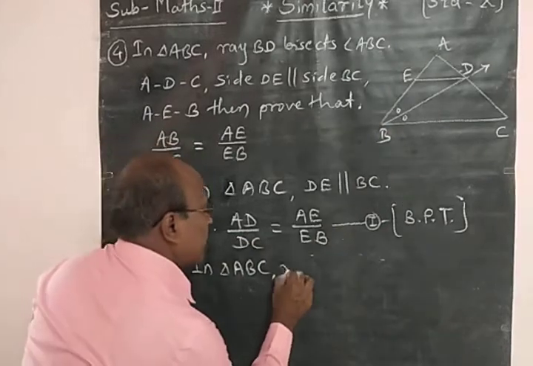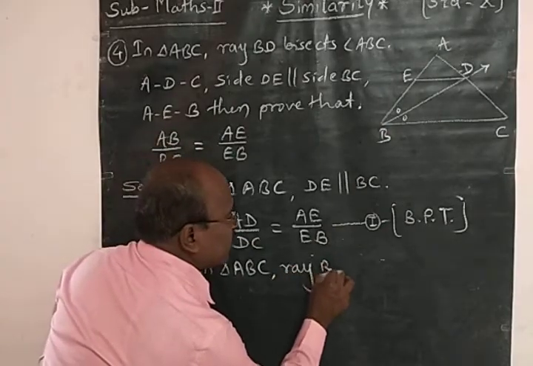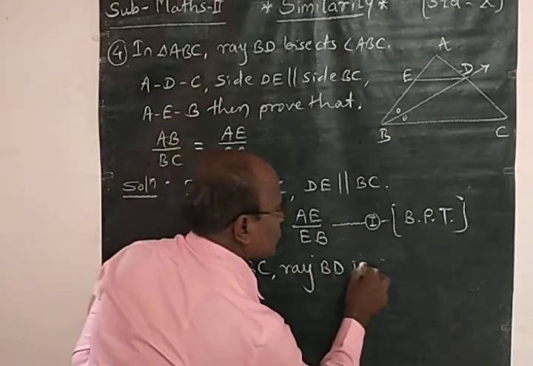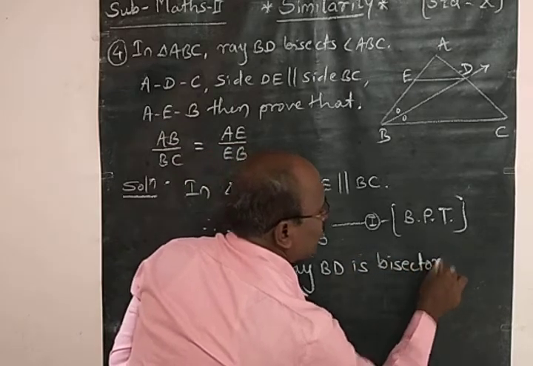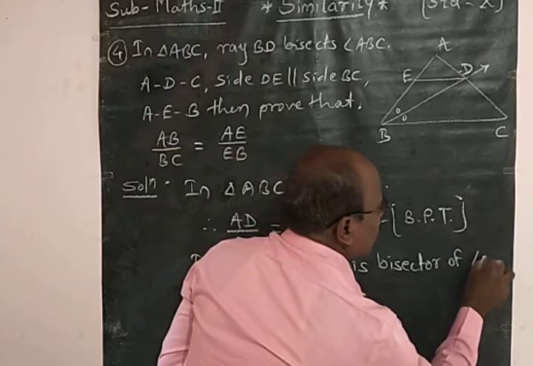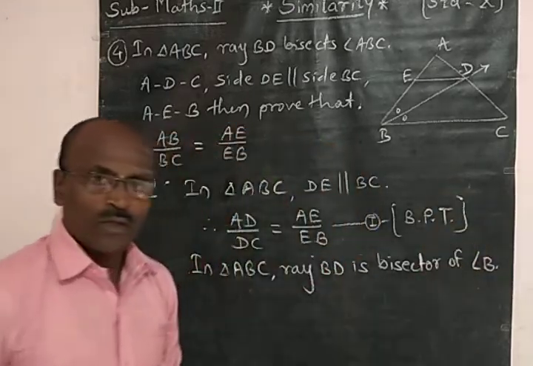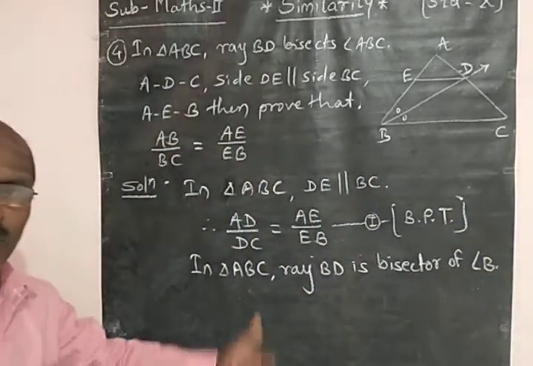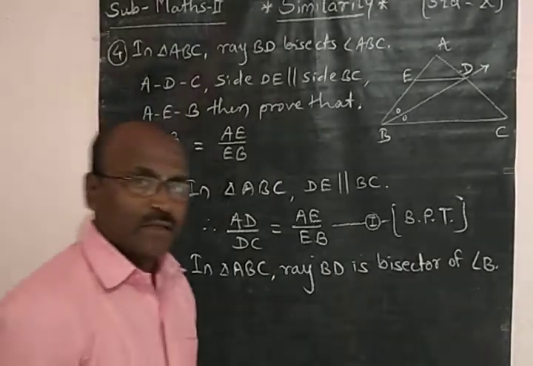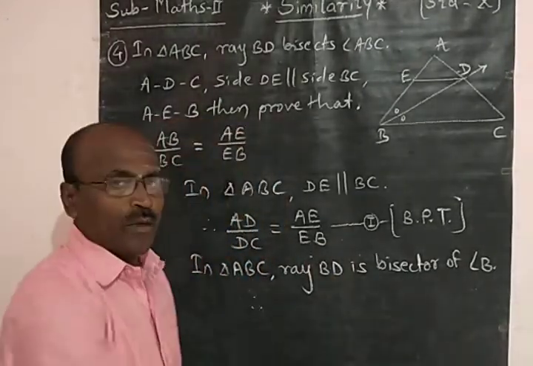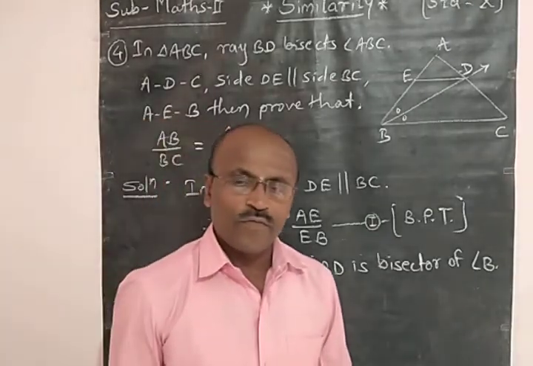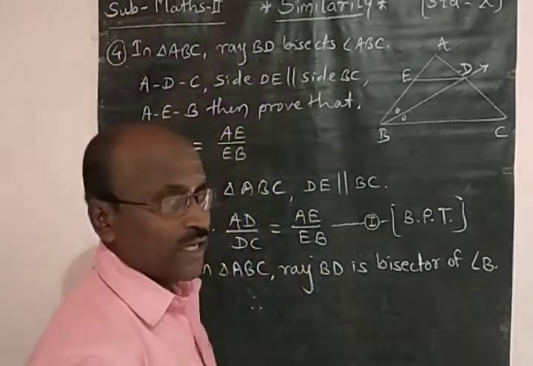So ray BD is bisector of angle B. So use here the property of angle bisector of a triangle.